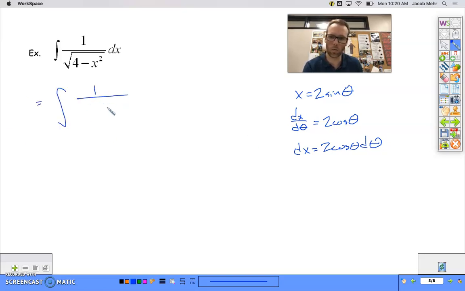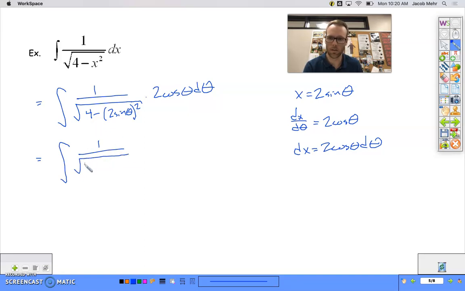This is 1 over the square root of 4 minus x squared, where x is 2 sine of theta, times dx, 2 cosine of theta d theta. This is 1 over the square root of 4 minus, now let's square 2 sine of theta, which is 4 sine squared of theta.